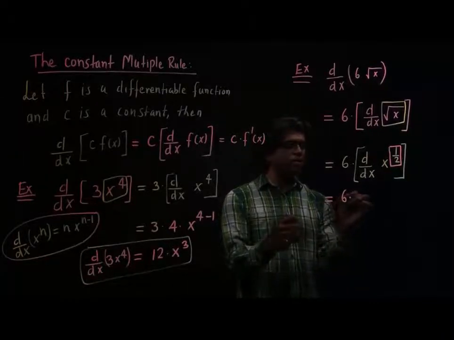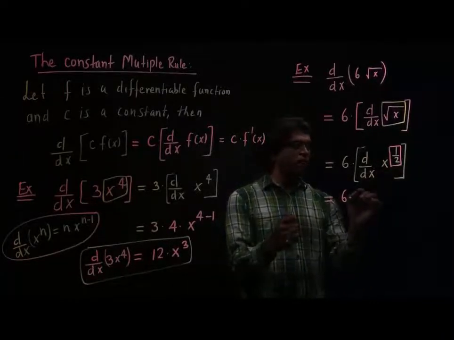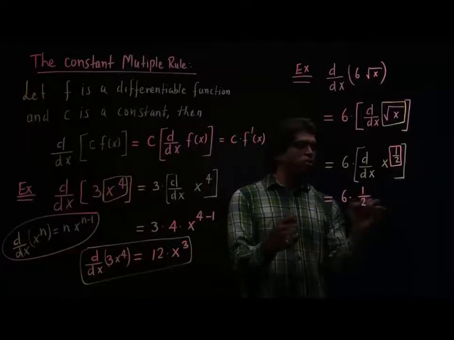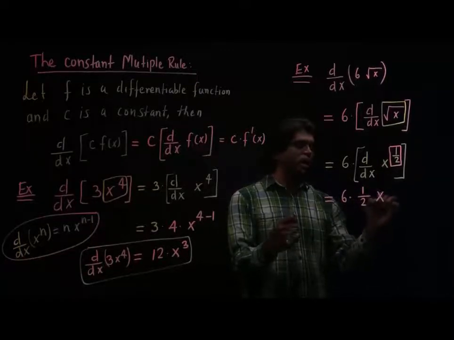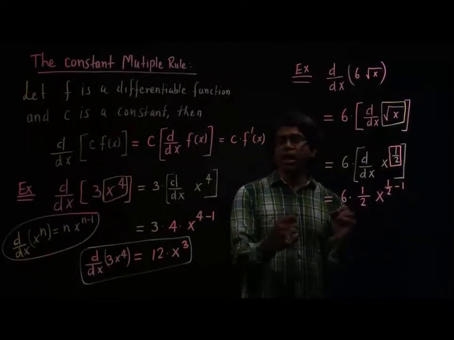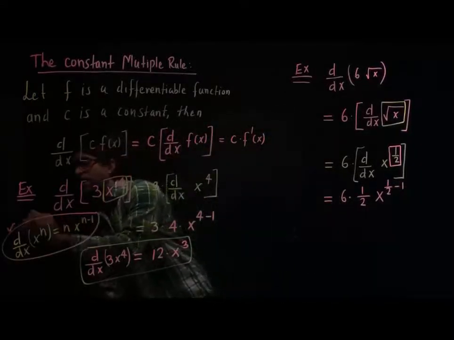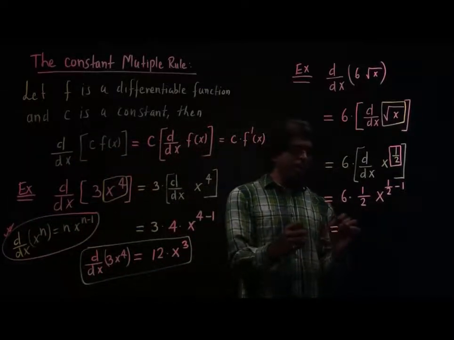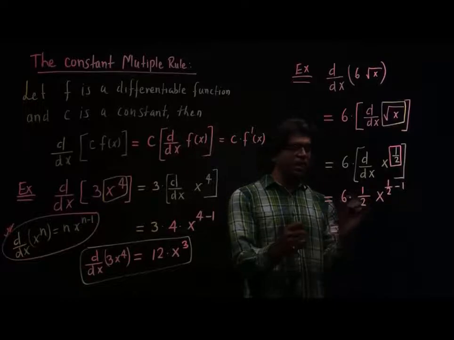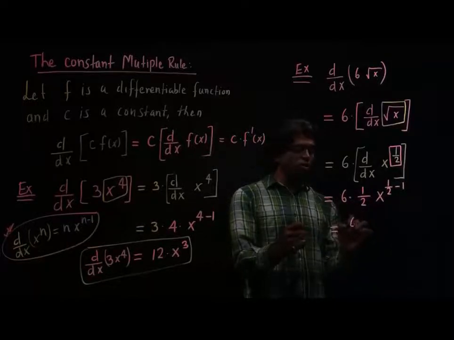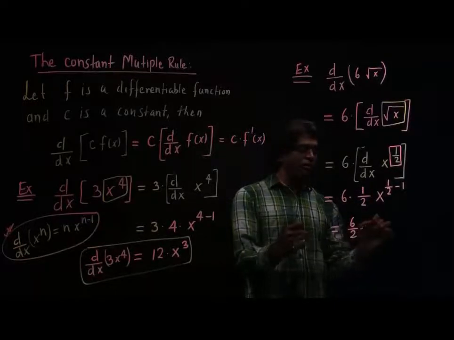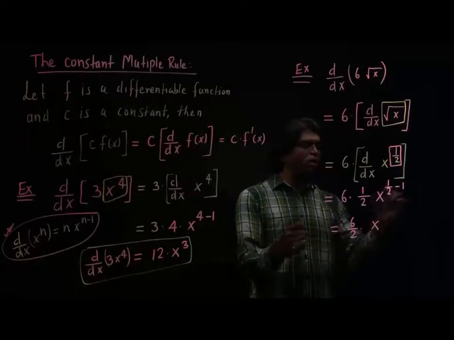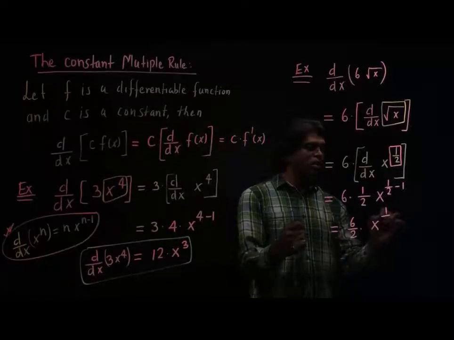I'll write 6 times 1 over 2 times x to the power 1 over 2 minus 1. Let's simplify further: 6 times 1 over 2 is 6 over 2 times x to the power negative 1 over 2.